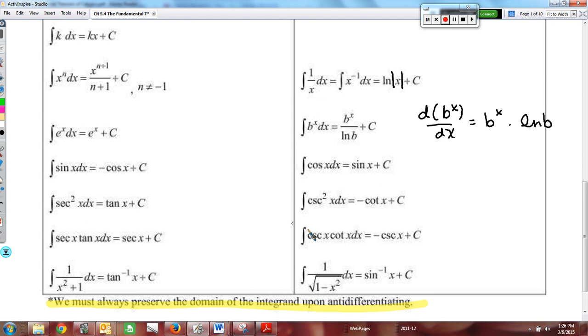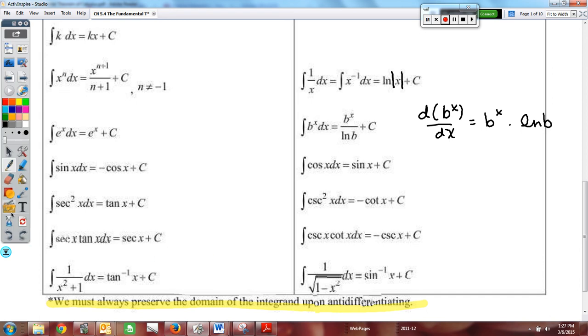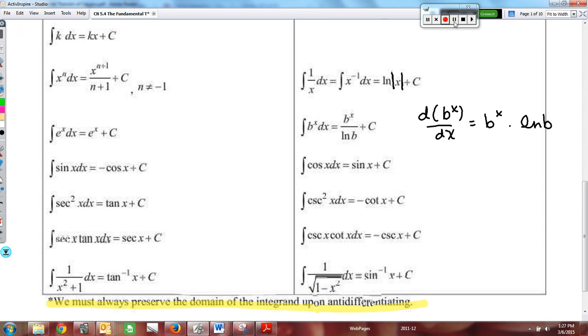Our trig, we want to make sure we get our trig derivatives and our antiderivatives in our knowledge bank. And then, of course, we have our inverse trig ones that we want to take a look at as well. All right, so what we're going to do now is introduce the fundamental theorem of calculus.